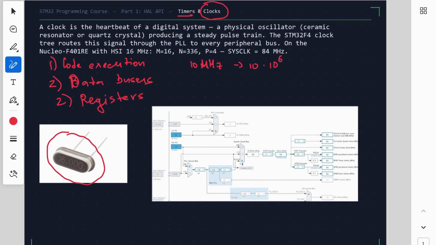So if the frequency goes up, the computational power goes up as well. So it can execute more instructions per unit of time, but the consumption also will go up accordingly.